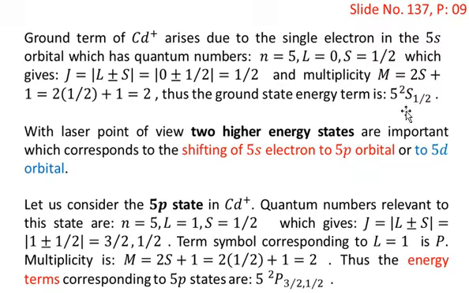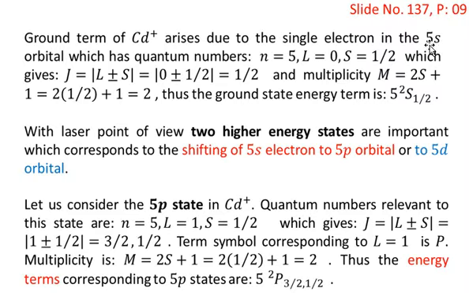And this 1/2 is the value of the total angular momentum quantum number of the atom, J is equal to half. So this is the ground state term of the cadmium ion.